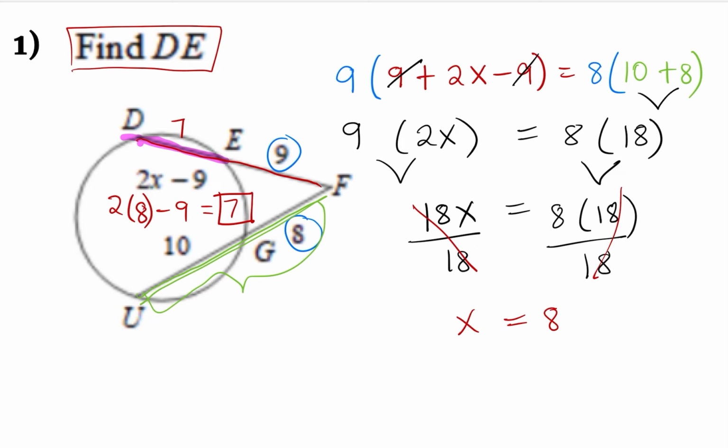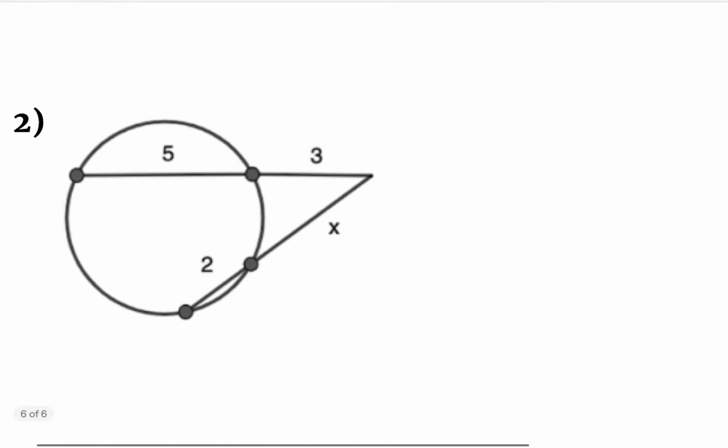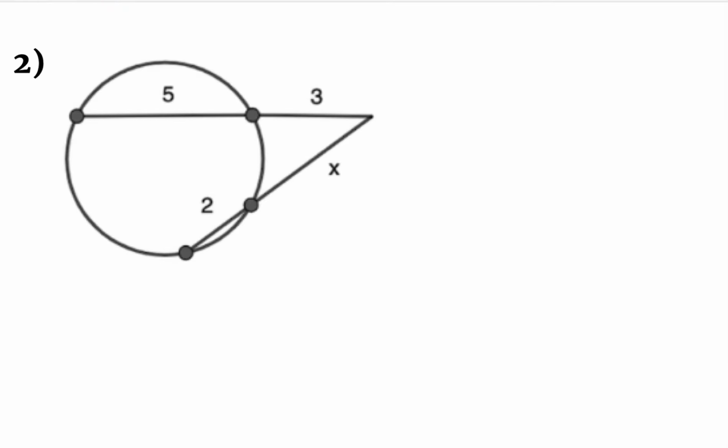Let's try one more problem right here. Okay, so the outside number, which is 3, and then we are going to add the whole length, which would go 5 plus 3 equals. Let's do that again for the other secant.